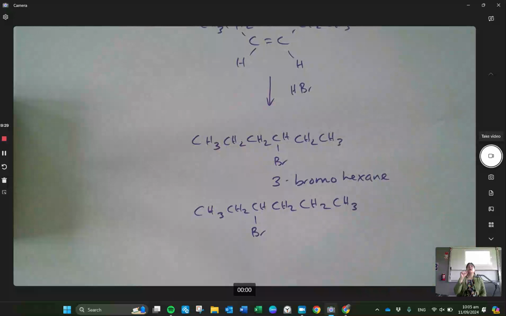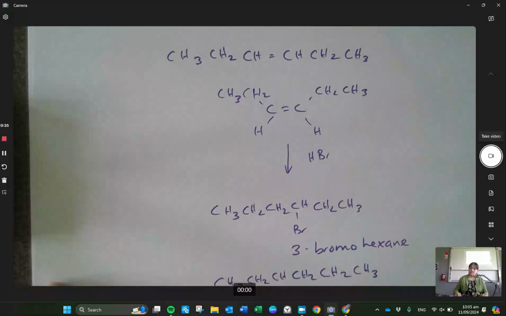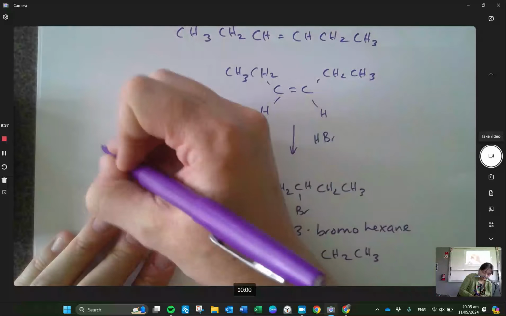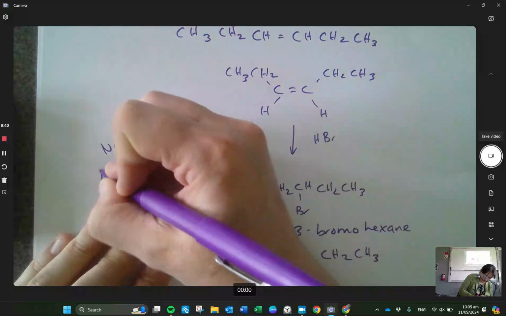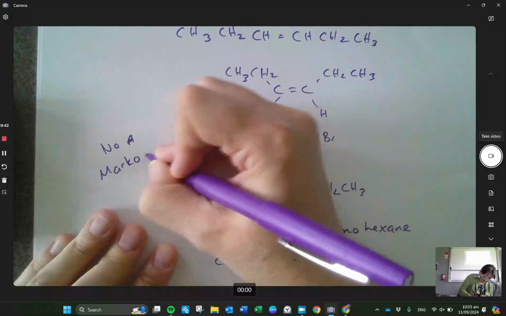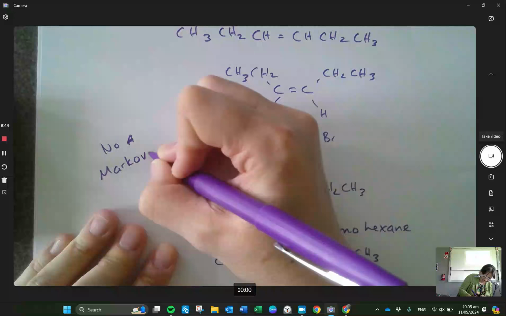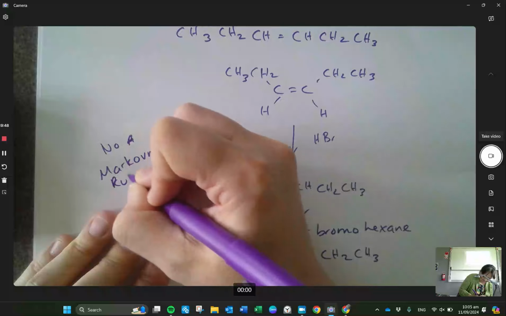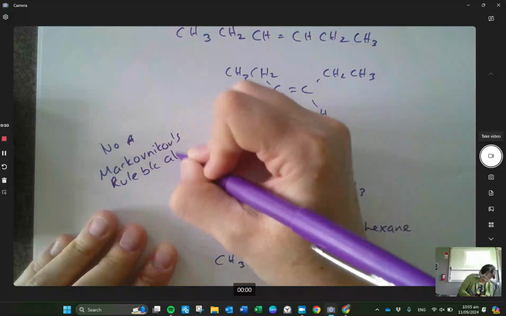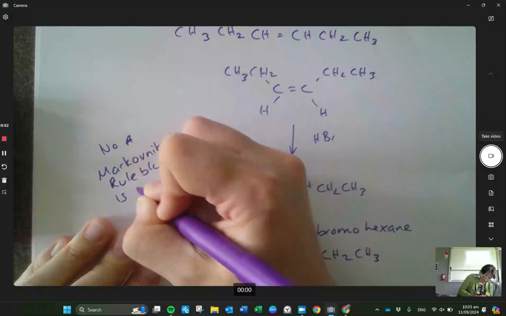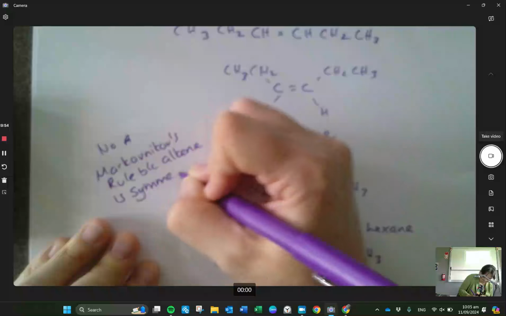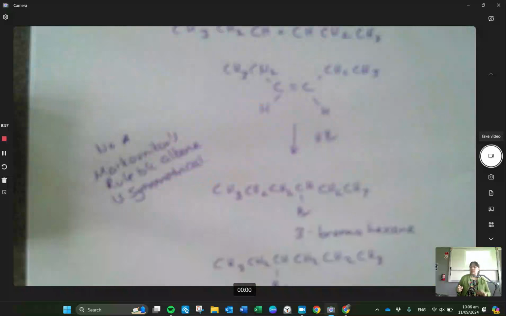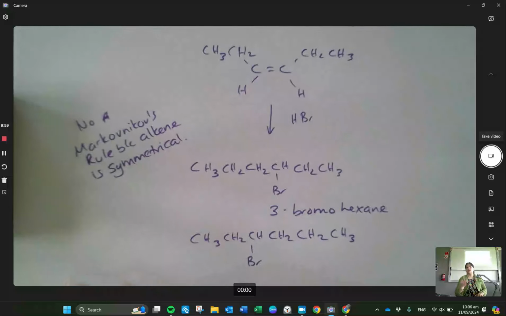So in this case, there is no need to use Markovnikov's rule because it's symmetrical. Okay, so no Markovnikov's rule because that molecule is symmetrical.